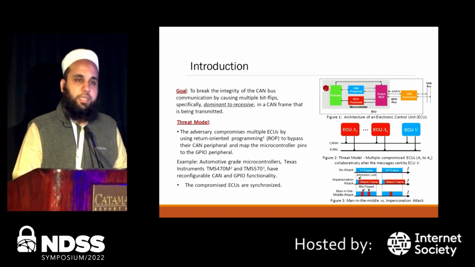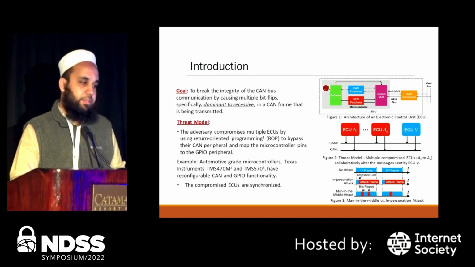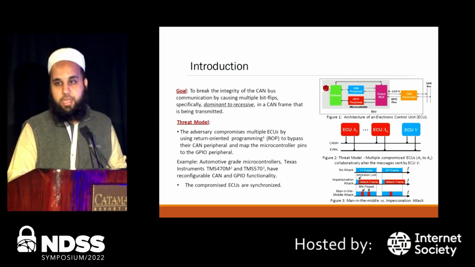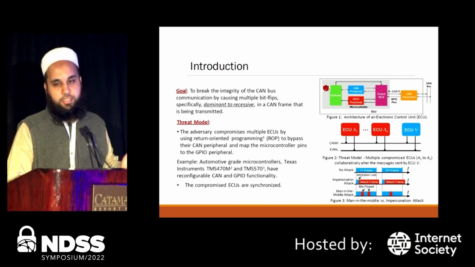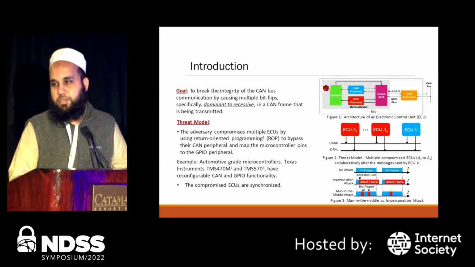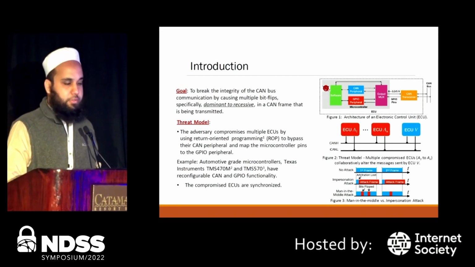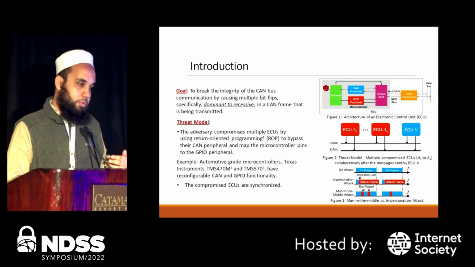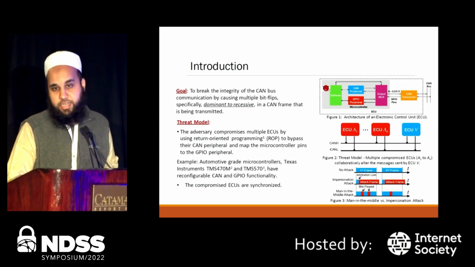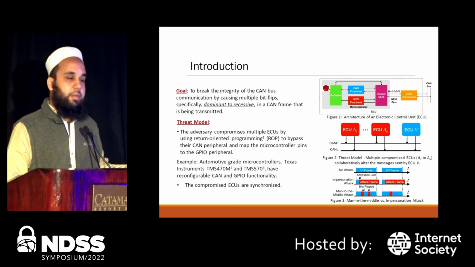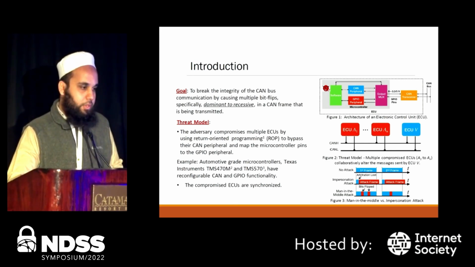By doing so, through methods such as return-oriented programming, it can bypass the CAN peripheral and instead connect the GPIO peripheral to the output pins of the multiplexer. That gives the adversary the ability to transmit at any data rate, transmit any data pattern, and also bypass the arbitration process of the CAN protocol.